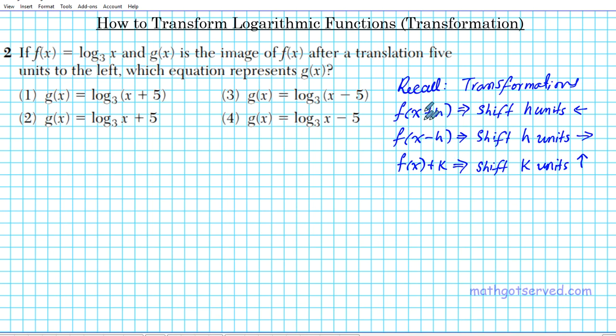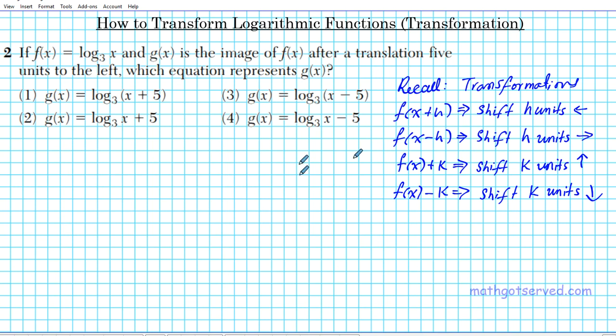Unlike the x, where positive is to the left and negative is to the right, for the y direction positive means up, and f of x minus k means down. So function minus k is going to cause the function to shift k units down.